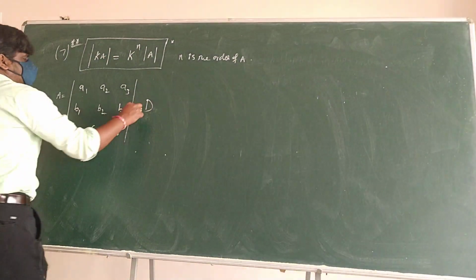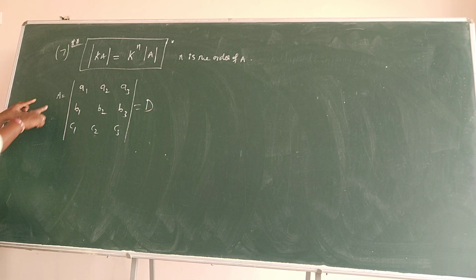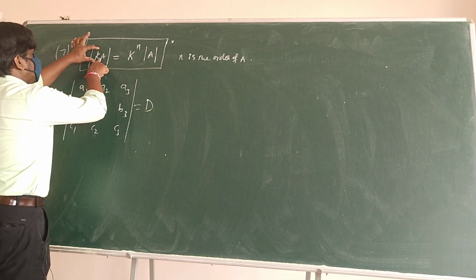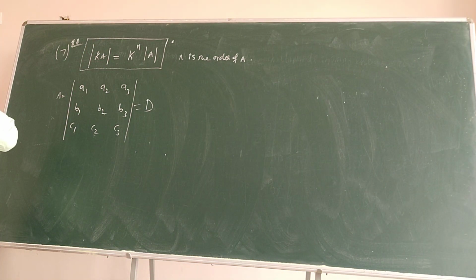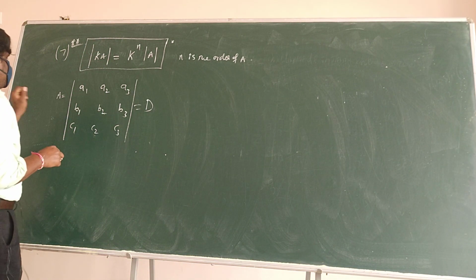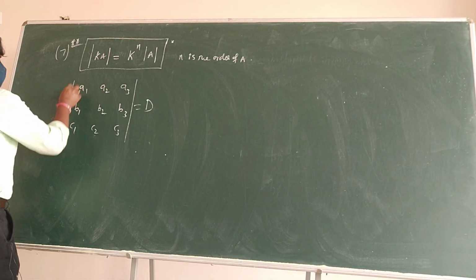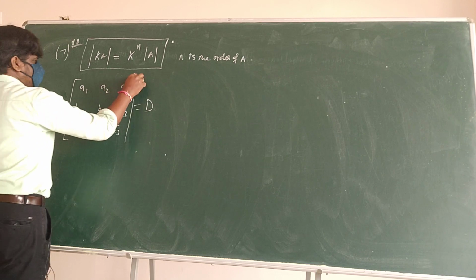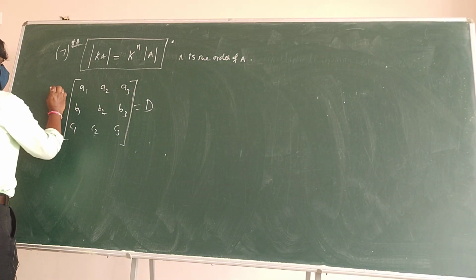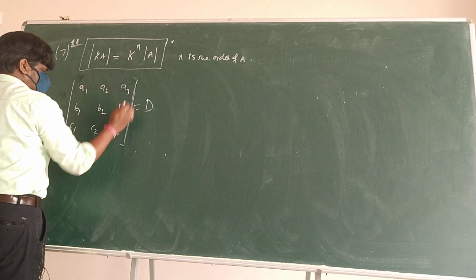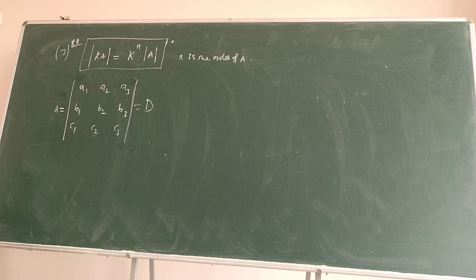This is something, D. Okay, you got D. But the difference is kA is a matrix with A, not a determinant. See, this is a matrix, suppose, and the determinant of this is D.